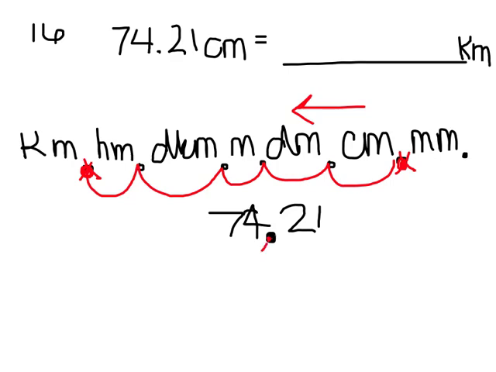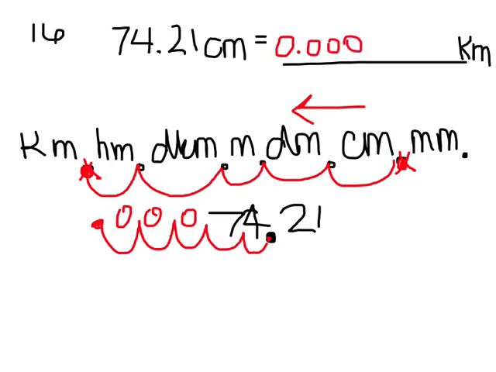Here's my decimal point: 1, 2, 3, 4, 5. Let me make sure I got enough zeros. Yep. So then I just need to put my answer in, which is 3 zeros and 7421 kilometers.